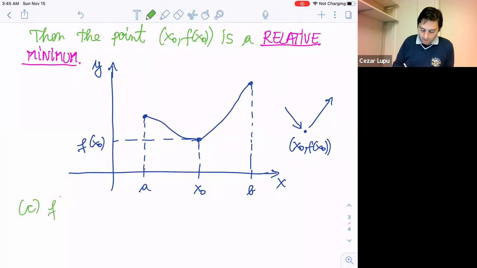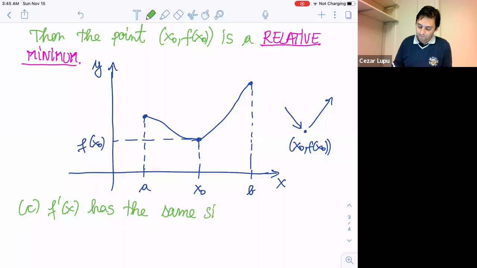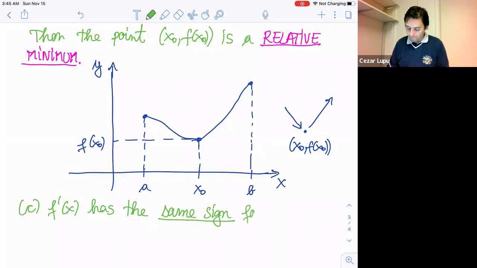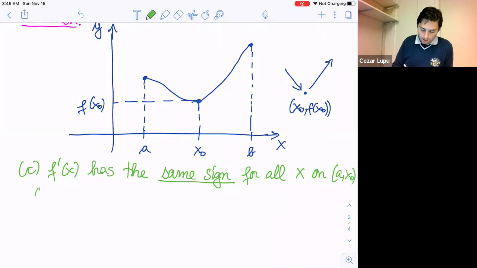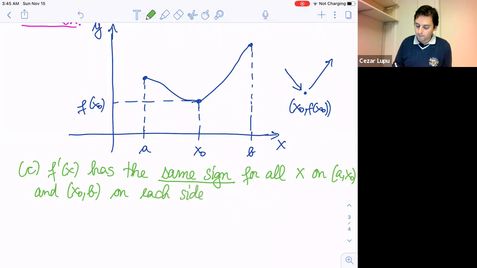Say f prime of x, so the derivative of f, has the same sign for all x on the interval a, x naught and x naught, b, on each side of x naught.